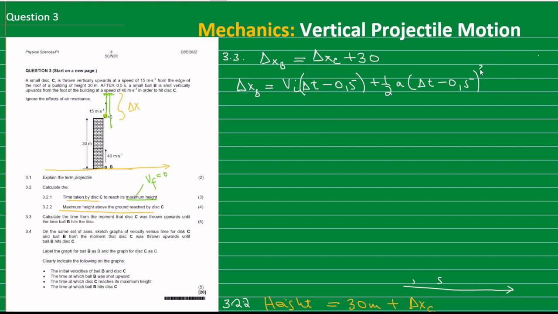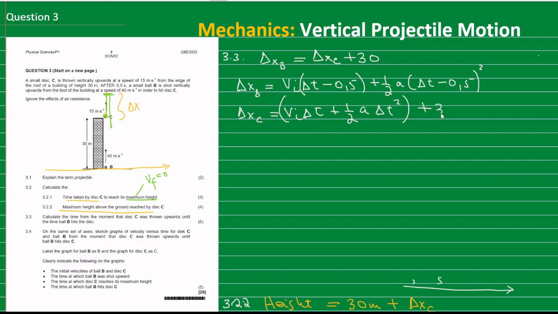So this statement gives us the displacement for ball B. Actually, it's squared here. Now let's look at the displacement of C. It will be vi delta t, using the same formula, where delta t is the time taken by disk C, plus half a delta t squared. But we add 30 meters because it is already 30 meters above the ground.